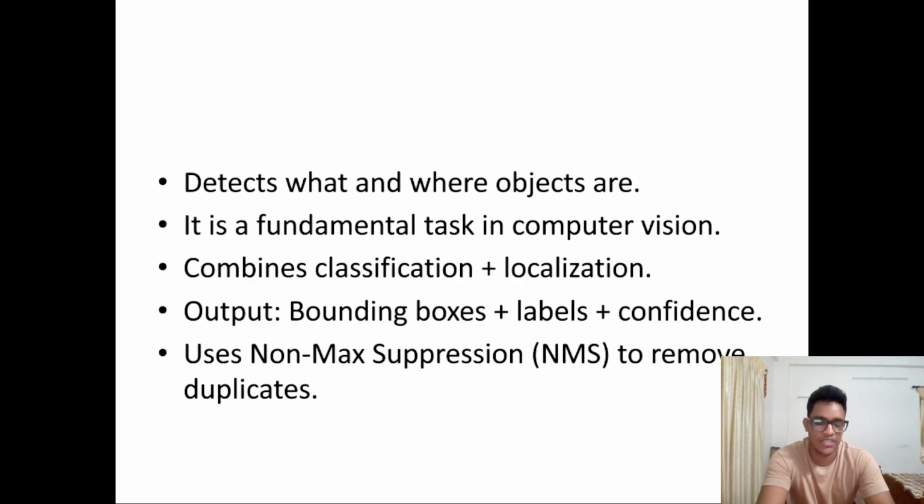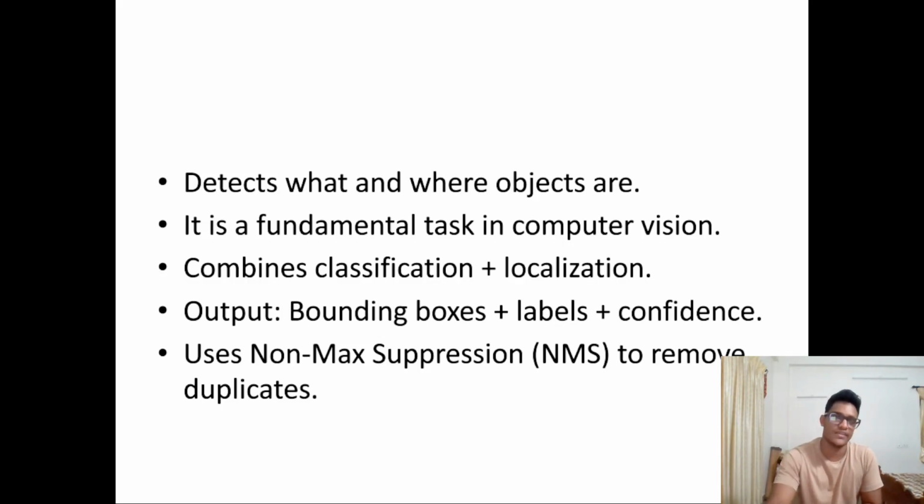It combines classification and localization. Classification, as I said, is what the object actually is. For example, the dog is classified as a dog, and it belongs to the class of dogs. And a bicycle belongs to the class of bicycles, and localization is where their location is on the image.